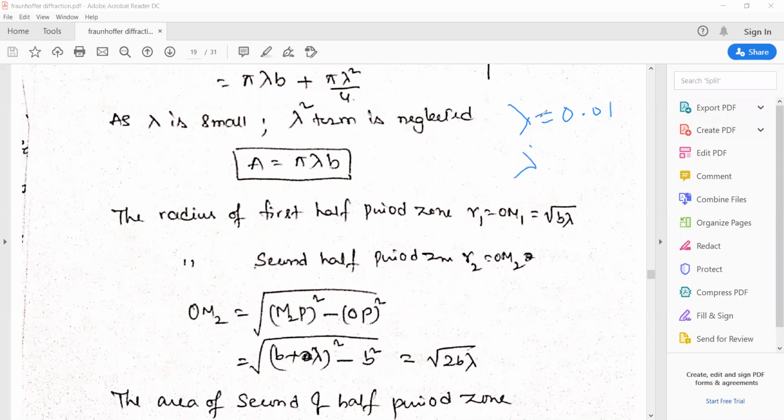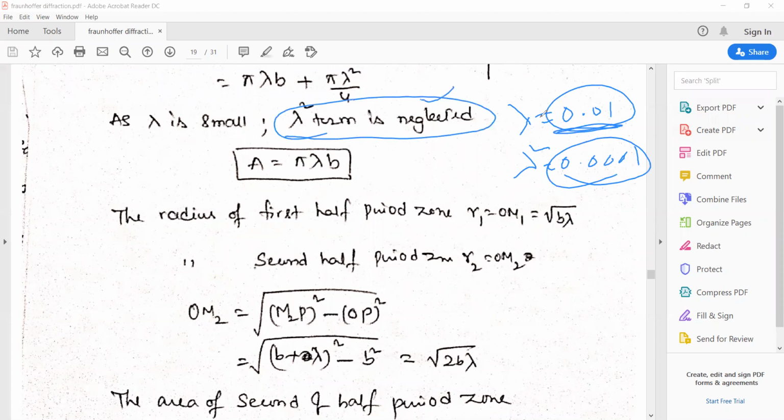So what happens to the lambda square? 0.0001. So as compared to the 0.01 value, it is very small. So here lambda square term will be automatically neglected. So area finally becomes A equal to pi lambda b. So this is the area of the first half period zone.